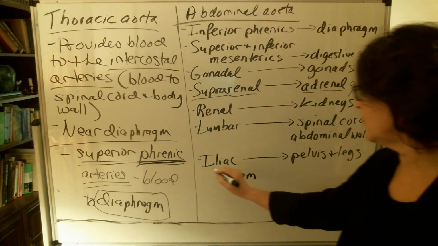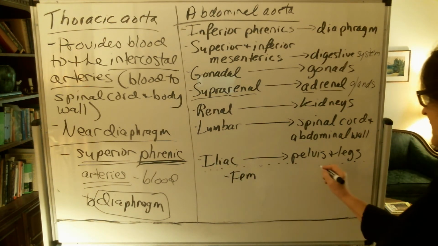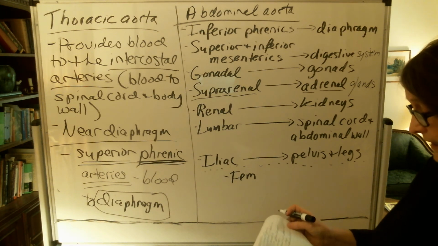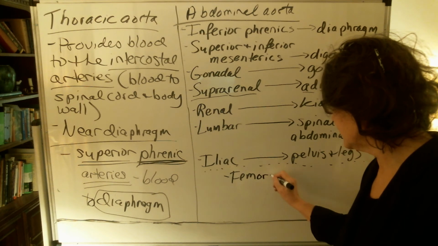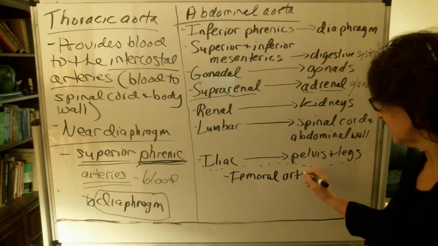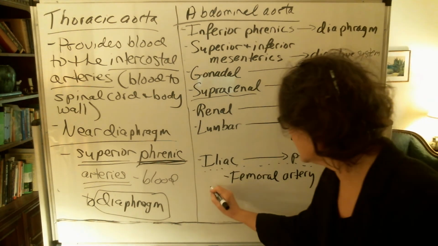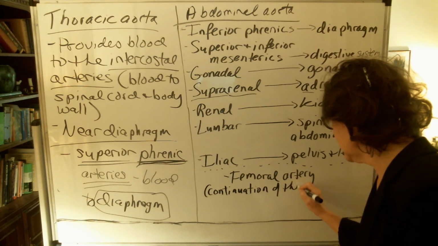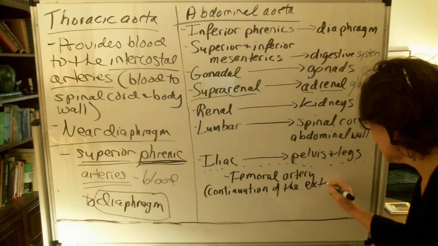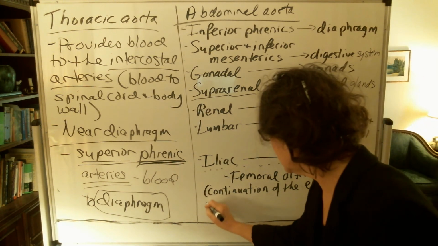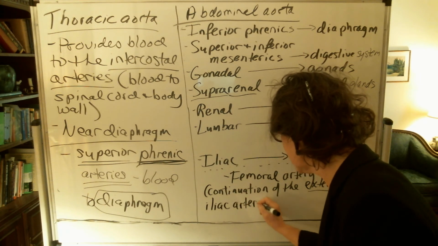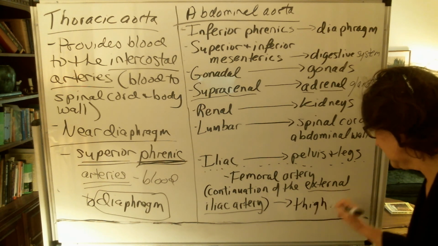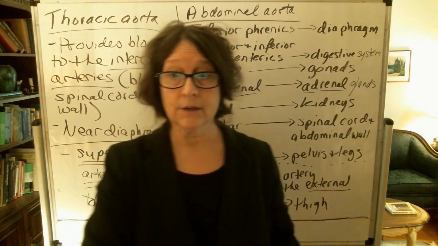At this point, the descending aorta is done because you now have it split into the iliac arteries going to the right and left pelvis and legs, but one of the branches thereafter is the femoral artery, which is a continuation of the external iliac artery, and this is what brings blood to your thigh. And that's it for the lecture on the descending aorta.